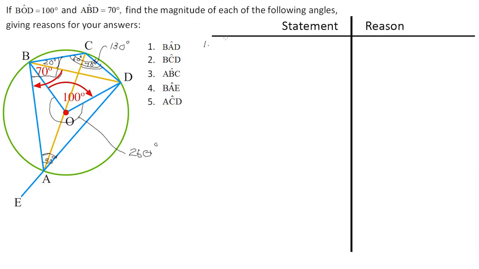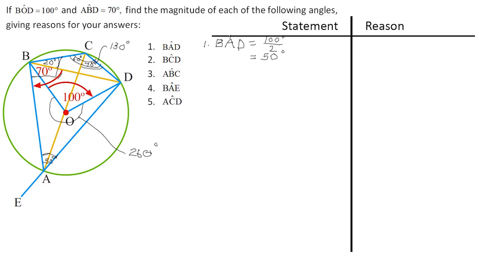So I can write down the statement straight away. BAD is equal to, obviously, 100 divided by 2, and that is equal to 50 degrees.